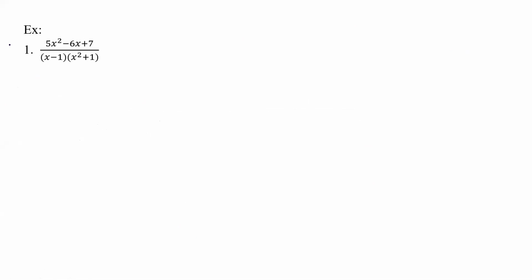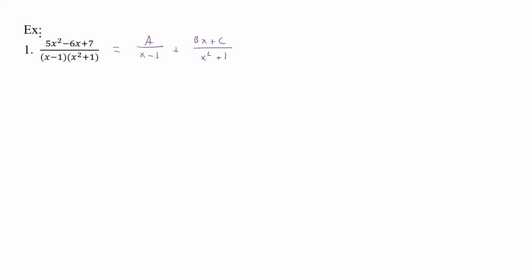So if we do that, let's say we have A over x minus 1 plus, now remember it's Bx plus C over our x squared plus 1. And that's what we have to get after for step 2. So that's our step 2, that's what we end up with.